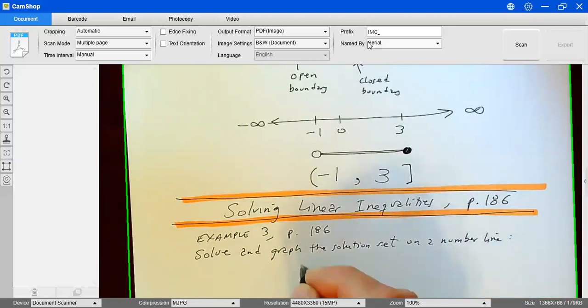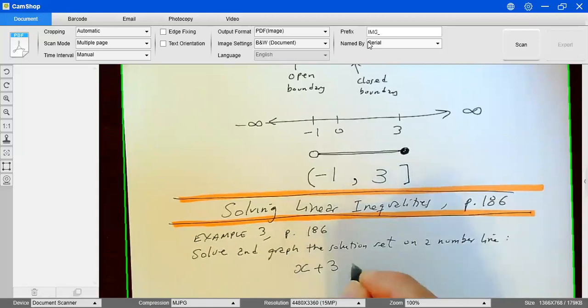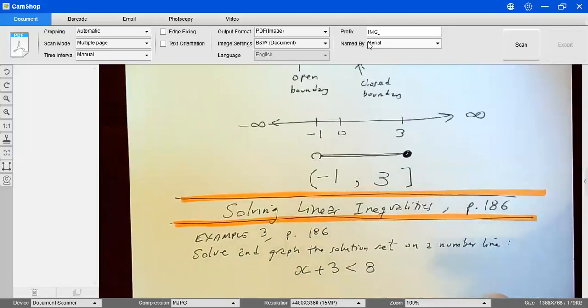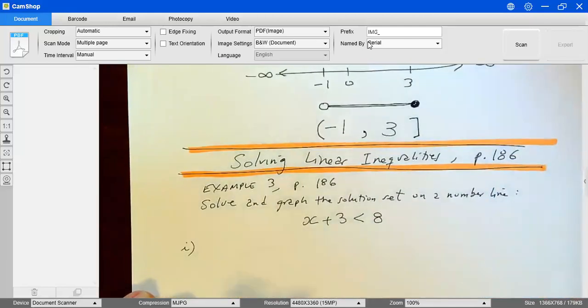So the inequality is just x plus 3 less than 8. So that's the inequality. So how do we solve this? We need to isolate the variable. That's what we do when we have equations.